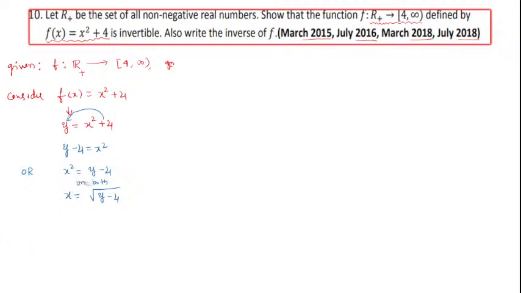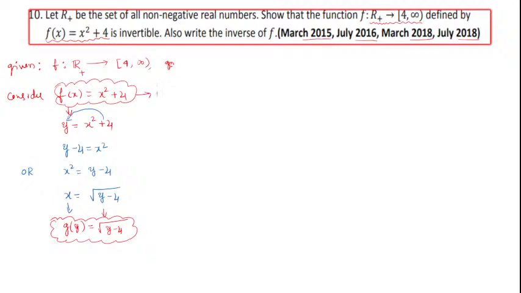Clear? So next, see what we have to do here. After writing x, immediately take x as g of y, I already told you. So that is g of y equal to root of y minus 4, right? So now you write your g of y. You have the g of y function and your f of x function in your hand.